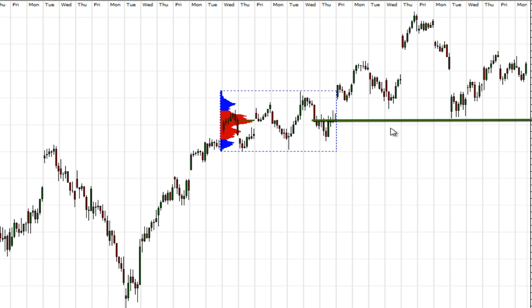Now, if we were just looking at the candlestick charts, we wouldn't have known that there's this good support here. We don't see the horizontal volume, but here we saw it. It's pretty clear to see that this key reference area could have provided great support.